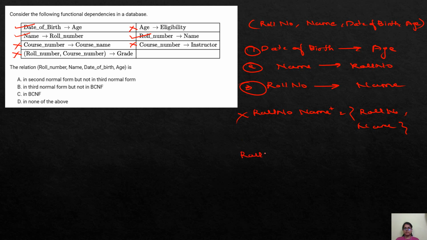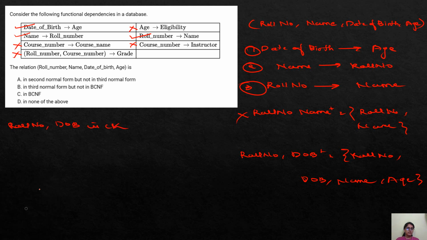If we do closure, roll number we can derive, date of birth is there, and from roll number name is derived, and from date of birth age is derived. So yes, we have all the attributes present here. So that's why we can say that roll number and DOB, date of birth, is a CK.